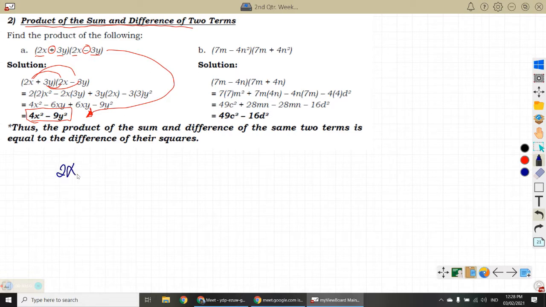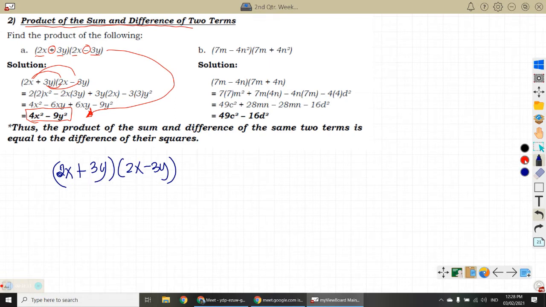So, we have 2x plus 3y times 2x minus 3y. Upon inspection, they are both the same, but the operations are inverses of each other. Okay? Addition and subtraction.